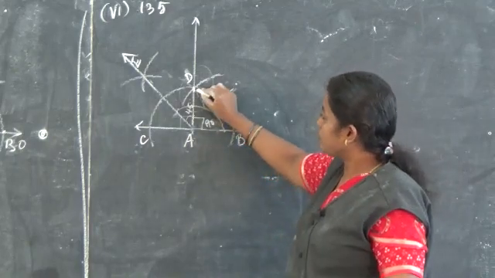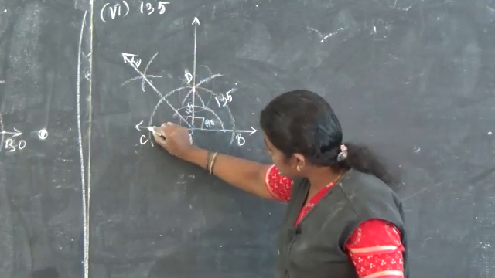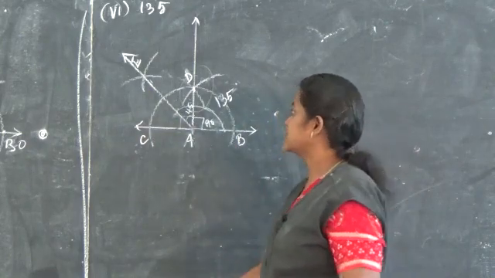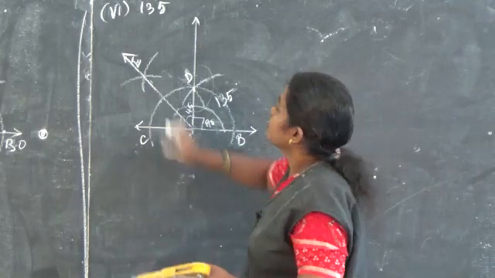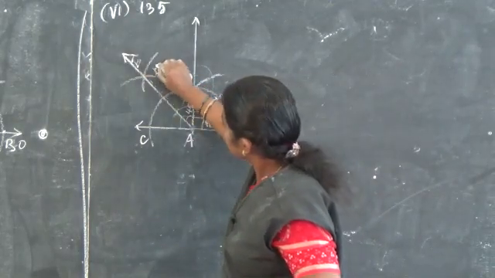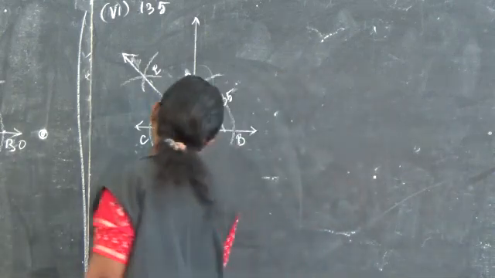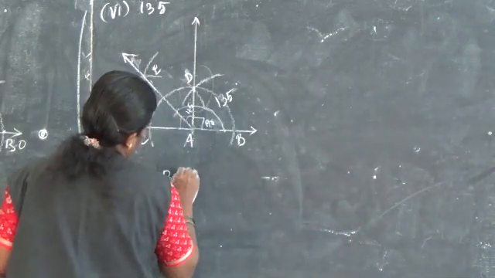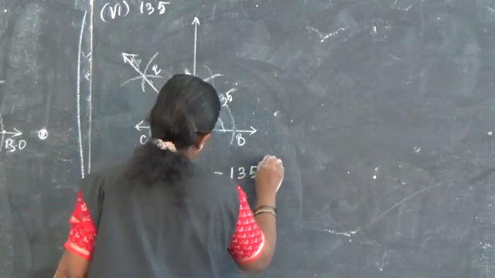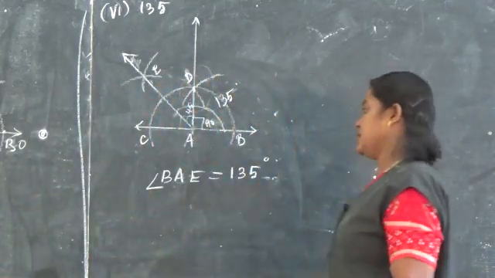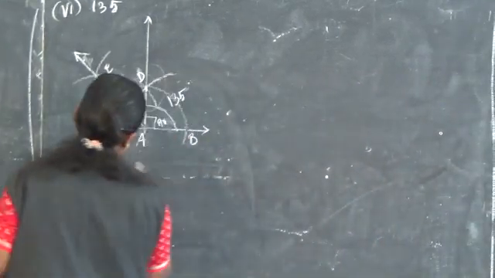Mark it as B. Now mark it as D. Now C as a center, D as a center, we can draw the arcs. Now it cuts at E. What is the angle it shows? Angle BAE equal to 135 degree.